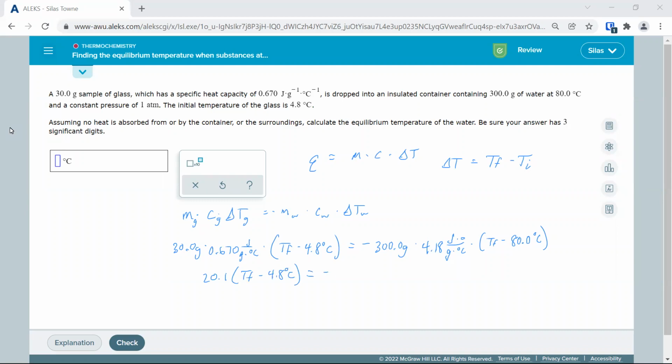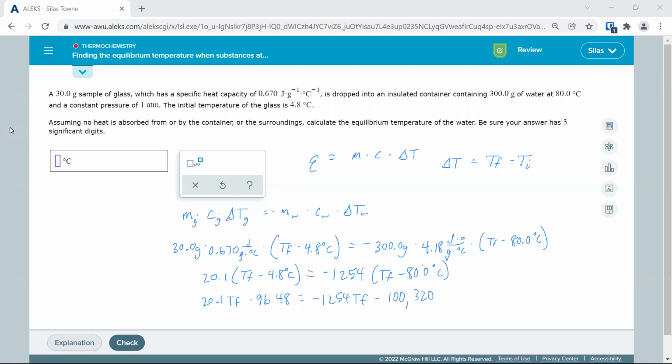We get negative, don't forget those negatives, keep track of those, times T final minus 80 degrees C. Then I'm going to multiply that through. So 20.1 T final minus 96.48 equals negative 1254 T final minus 100,320. Big number.